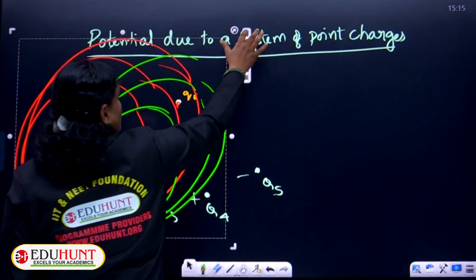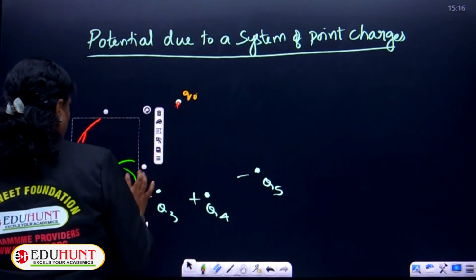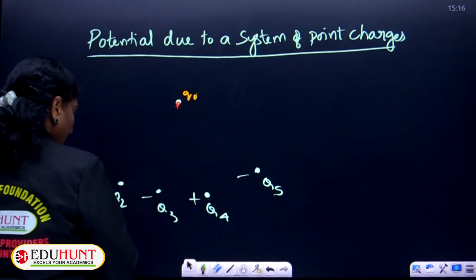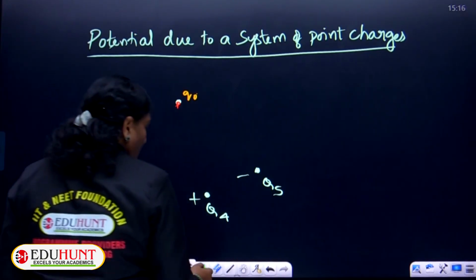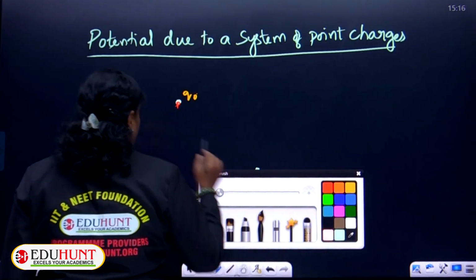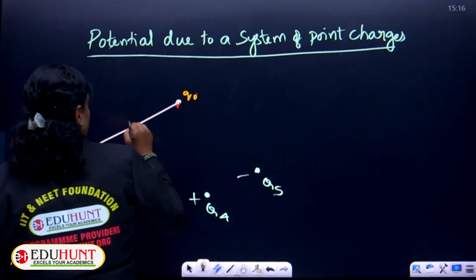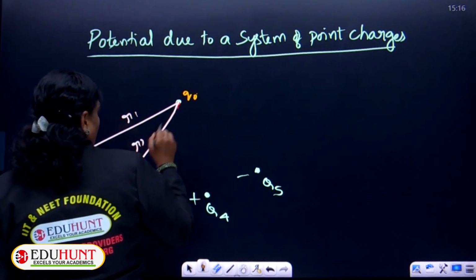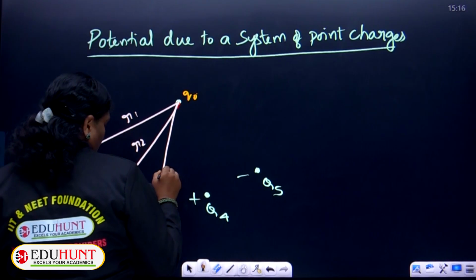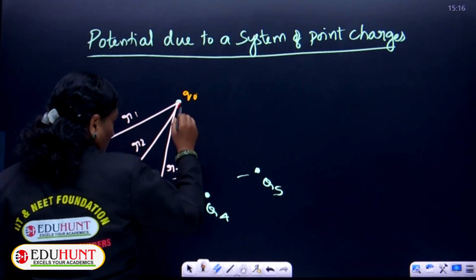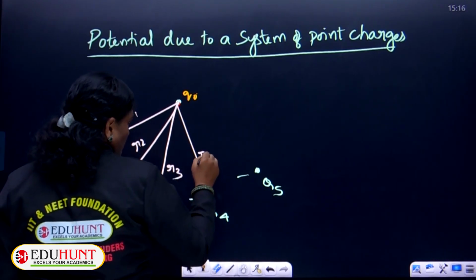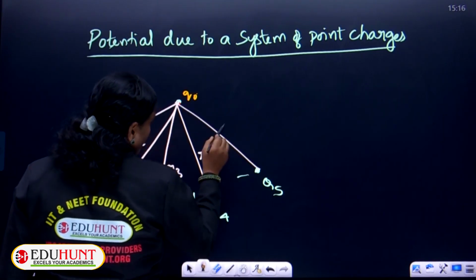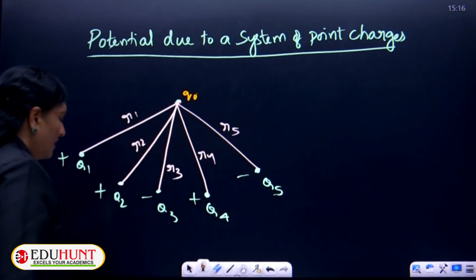So, what we observed is that, let us suppose this Q1 is at a distance of R1 from P, Q2 at a distance of R2, Q3 at R3, Q4 at R4 and Q5 at R5.